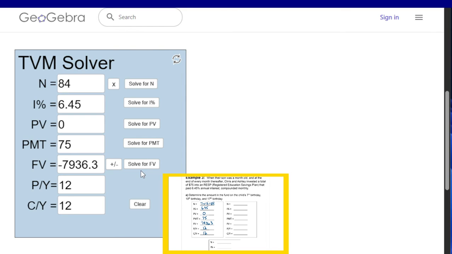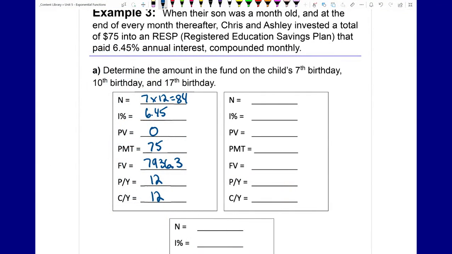If we do the same thing for the 10th birthday, 10 times 12 equals 120. Everything else is going to stay the same. We don't have to redo the calculations or change anything.